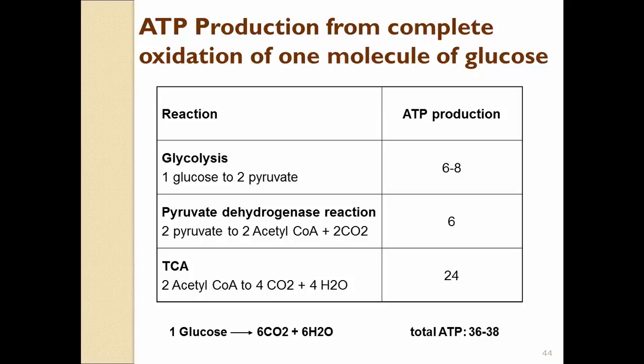So, ATP production from complete oxidation of one molecule of glucose. You need to think about glucose oxidation starting from glycolysis, right? And then to pyruvate, and pyruvate is converted to acetyl-CoA, and acetyl-CoA enters the TCA cycle, right? So think about the whole process and try to calculate the ATP.